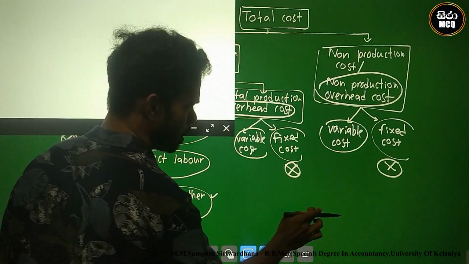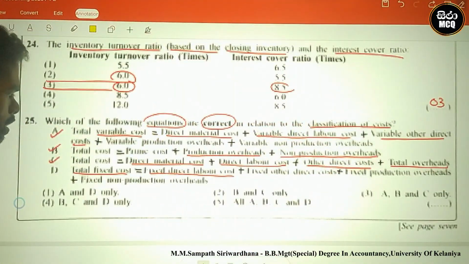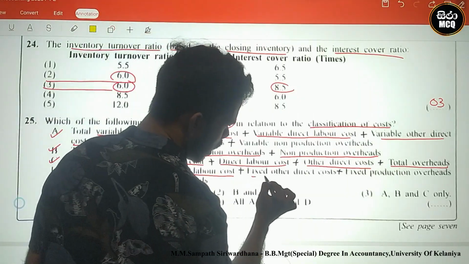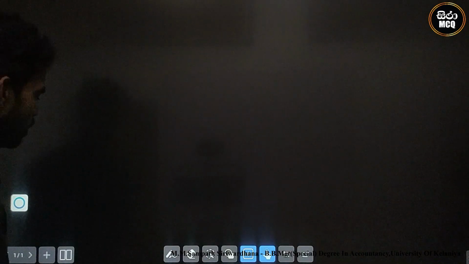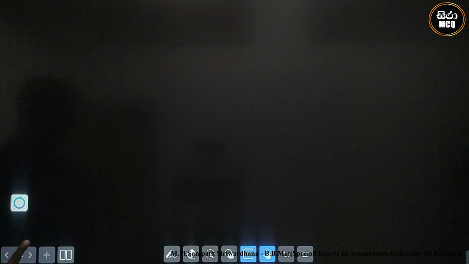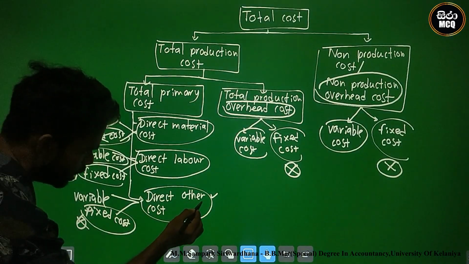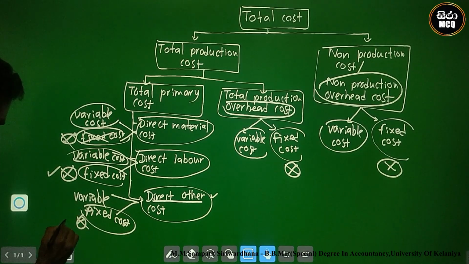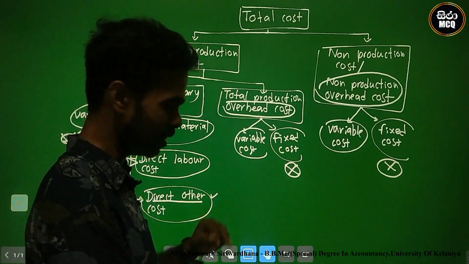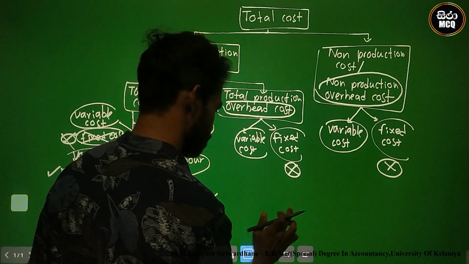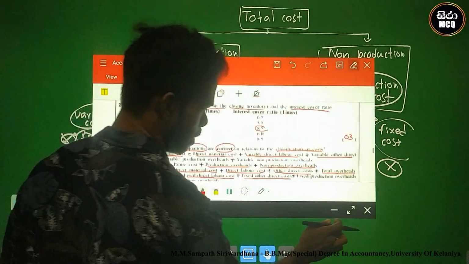Okay, next one is fixed other direct cost. Fixed other direct cost. There is other direct cost, and the fixed one is this one. Okay, the second one is okay. This category is okay. There is a fixed cost. Okay, we must focus.